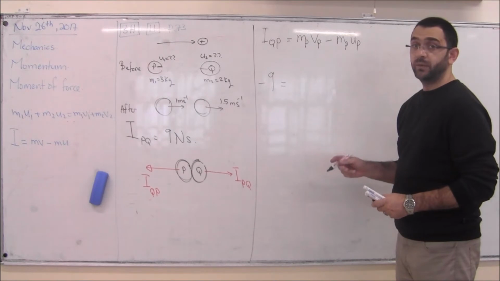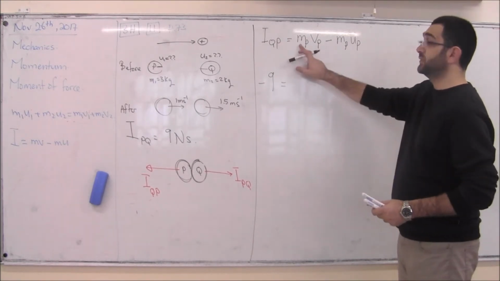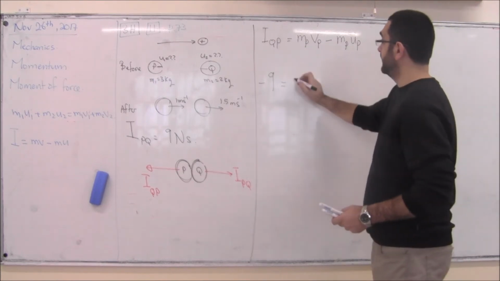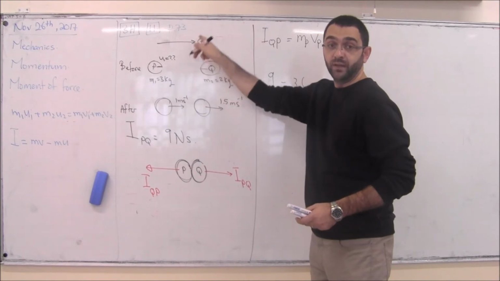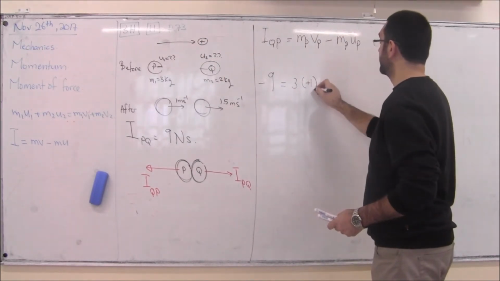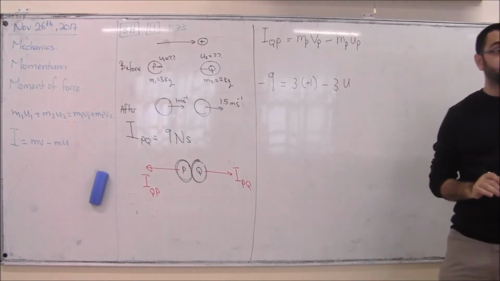Okay, now we have to find it for P. -9, the mass for P is 3, V of P is 1, positive, minus 3U.